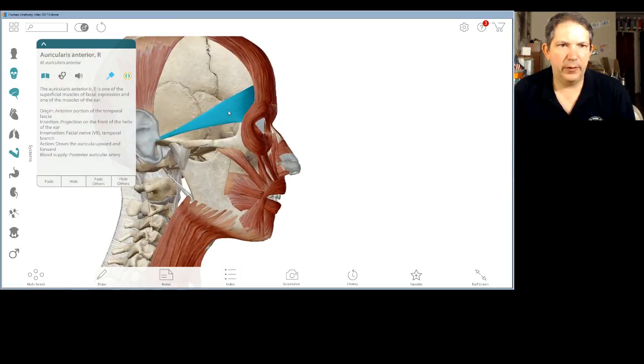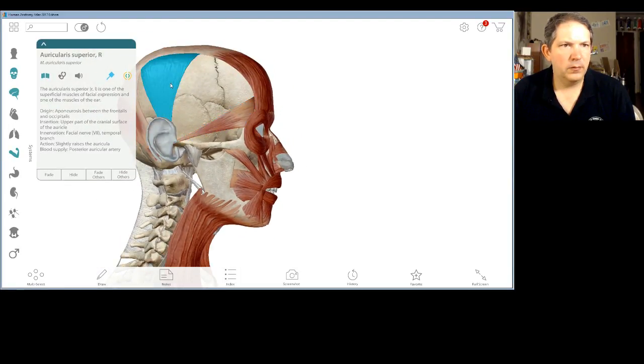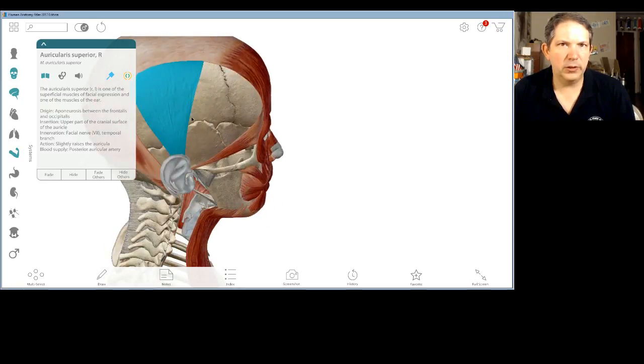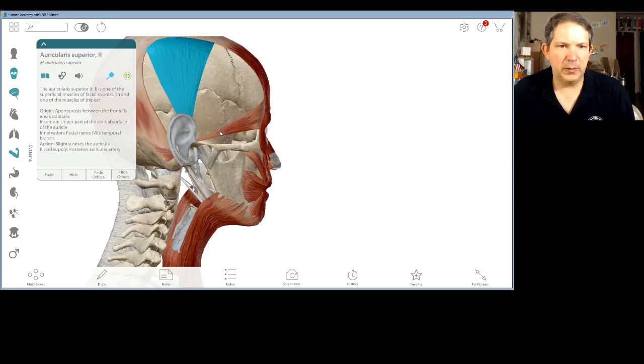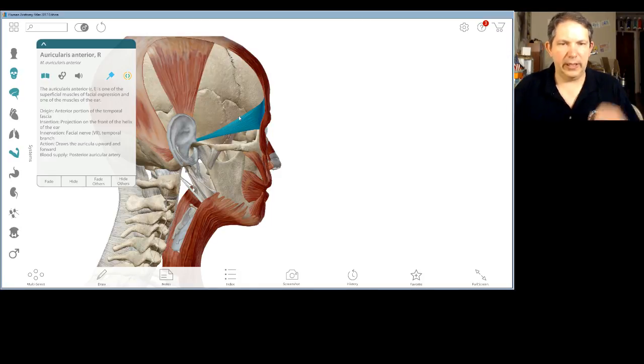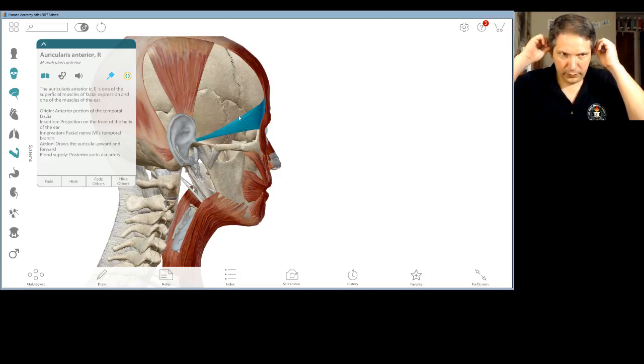Skipping that one. This is not so important in humans. Auricularis superior, its action is to raise the ears. Some people can wiggle their ears pretty well. Most people cannot. So this auricularis anterior is for kind of pulling the ears up and forward.